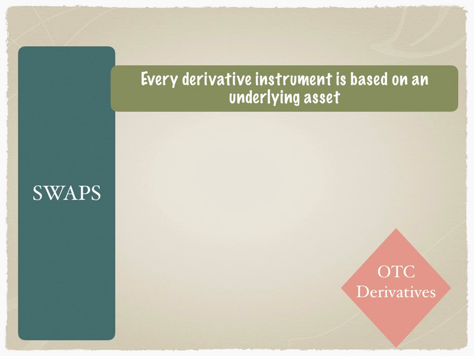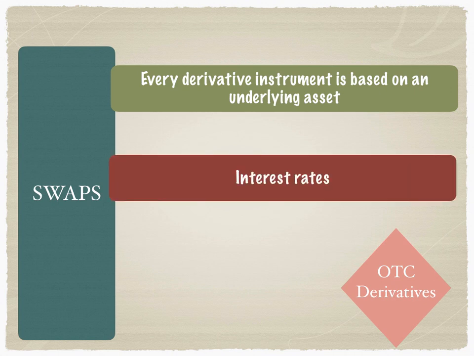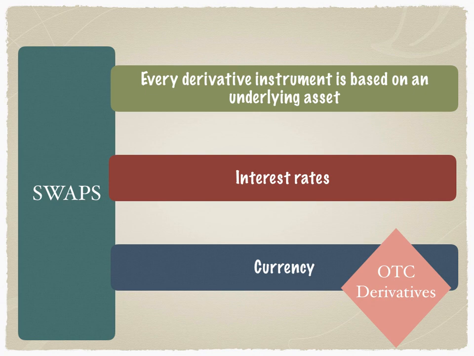Therefore, even swaps have an underlying asset. The term swap in finance means an exchange of cash flows between two parties. The swaps could be interest rate swaps or currency swaps.